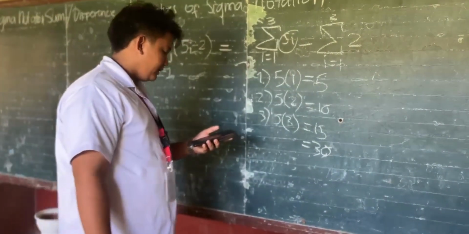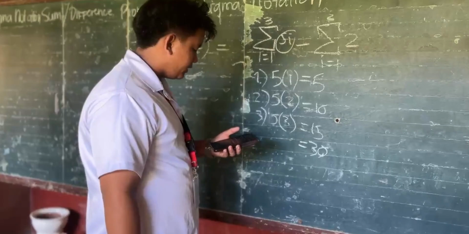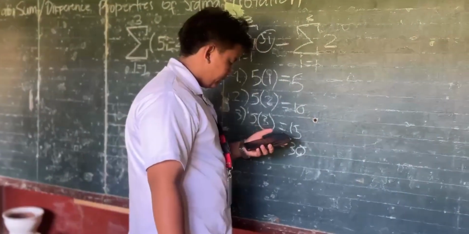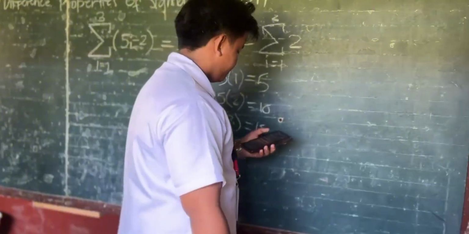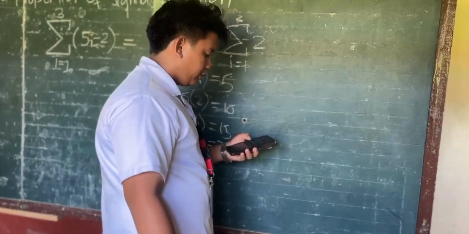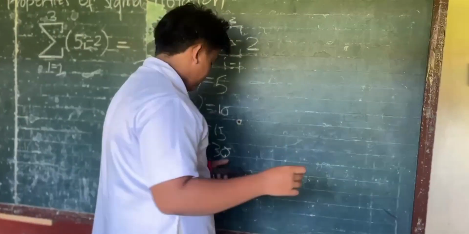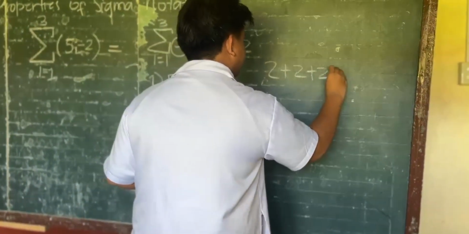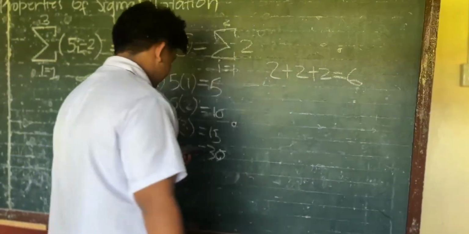And the third step we're going to do is calculate the second sum. Since this is the sum of a constant 2, we're going to repeat 2 three times. So 2 plus 2 plus 2 is equal to 6.